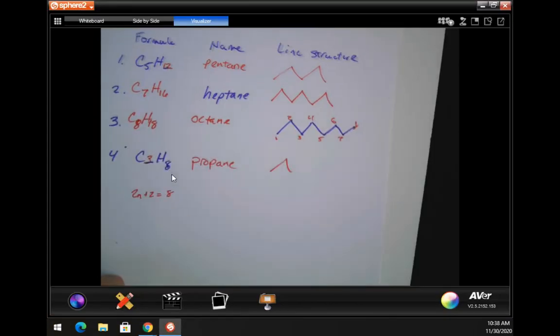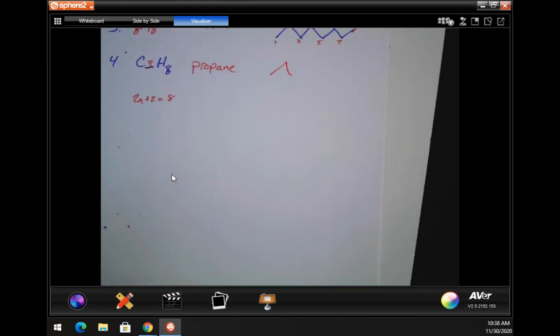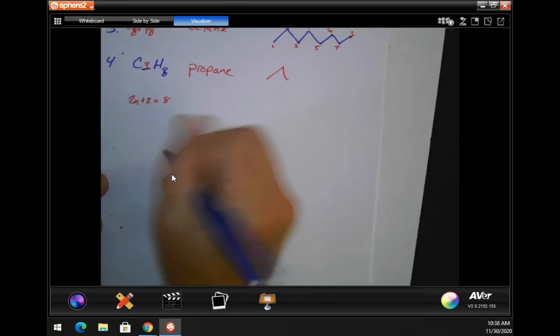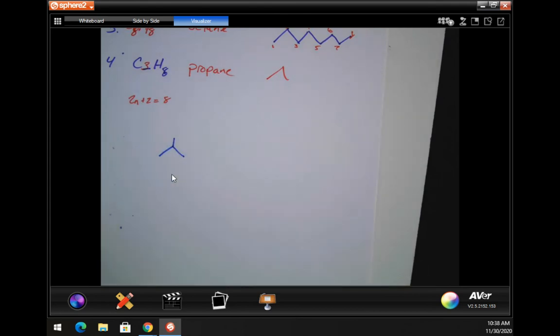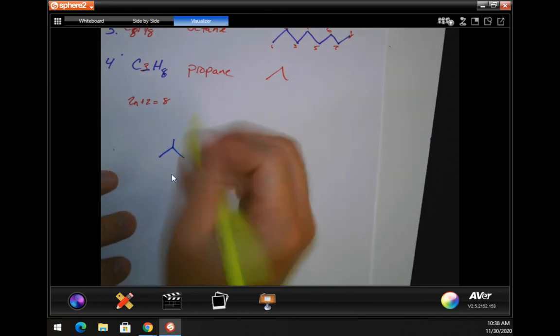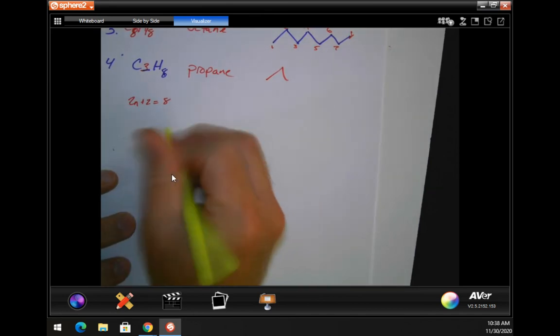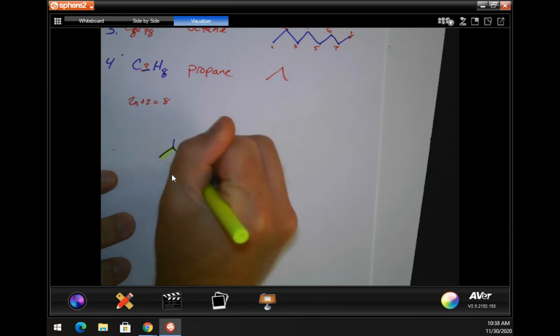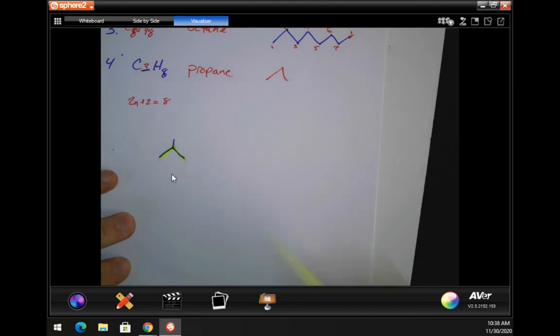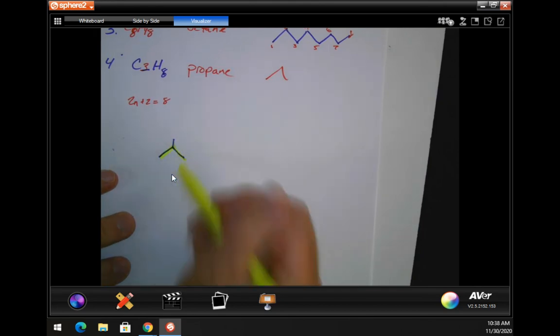So for example, let's say I had a structure that looked like that. In order to figure out what this is, an easy thing to do, if you've got a highlighter or something like that, is just mark the longest chain. This one doesn't really matter, because if I go this way or that way, it's still 3, right? 1, 2, 3 is the longest.